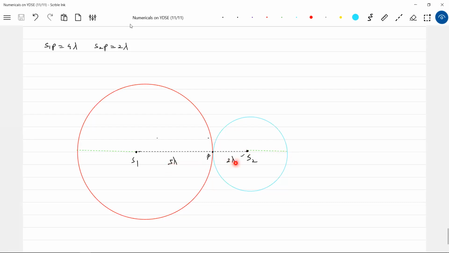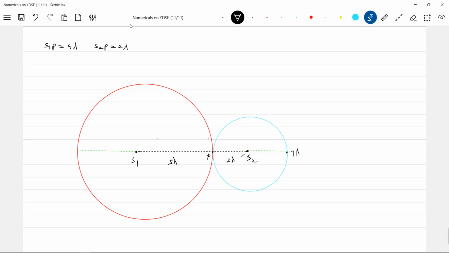How much path will it cover to reach here? 7 lambda, so like 9 lambda. This ray will cover 2 lambda to reach this point. How much path will ray 1 cover to reach here? 9 lambda. So what is the path difference? 7 lambda. So here I'll start with 7 lambda.